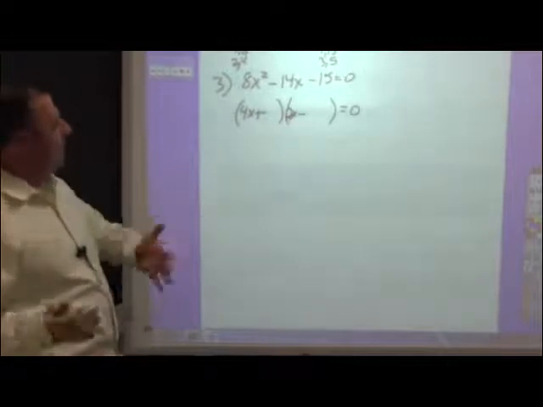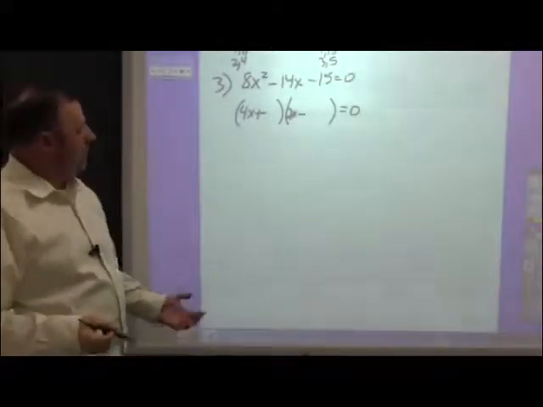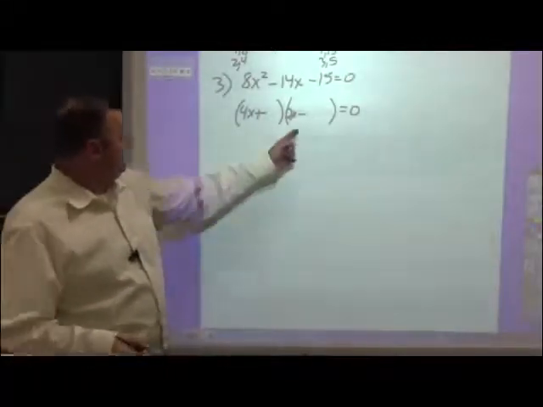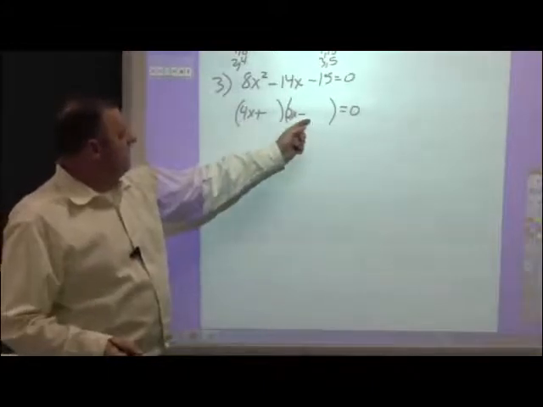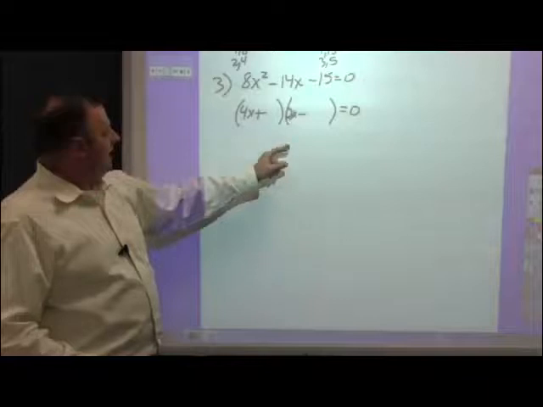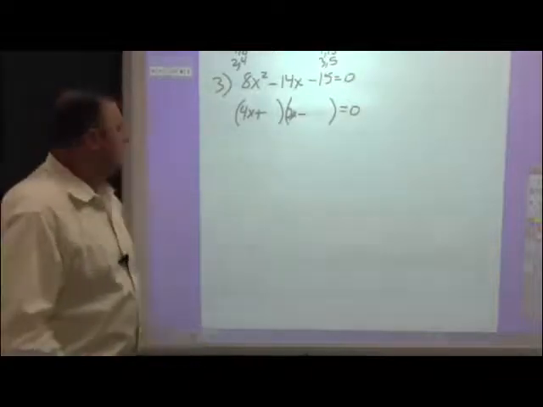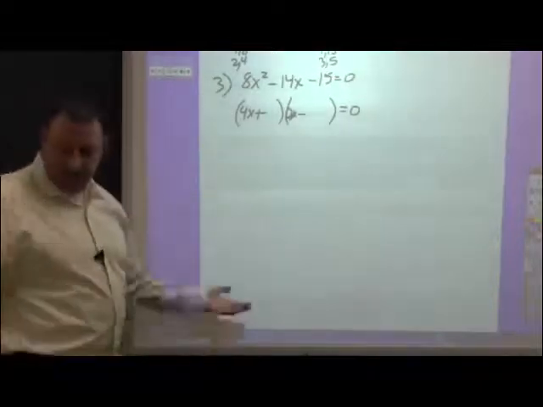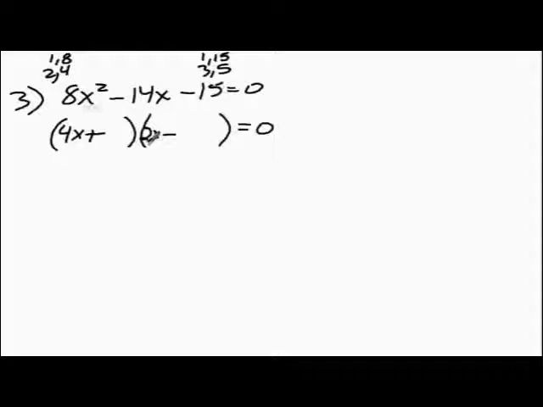Now the back parts. Well, I'm not going to use 1 and 15 because if we put 15 here, 4 times 15, that's way more than 14. Even if we put the 15 here, 2 times 15, that's way more than the 14. So let's use the 3 and the 5. Well, you got to take a guess, so let's just try 3 and 5. Now don't forget how we check.